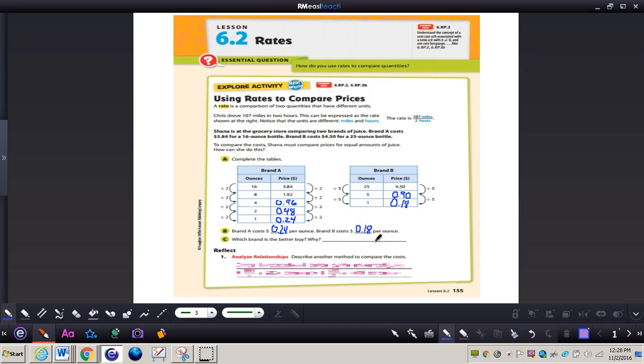So which brand is the better buy? We can see that brand B is the better buy. Why is that? We can see that it costs less per ounce. So we can write it costs less per ounce.